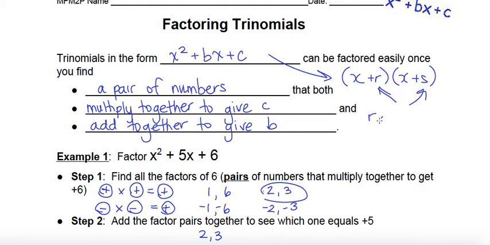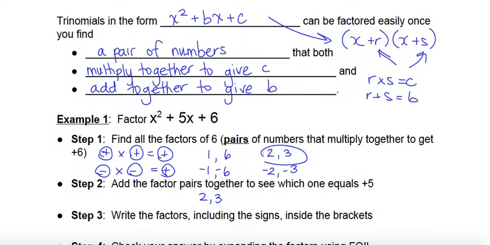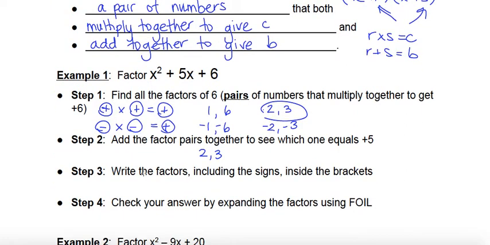So r times s gives us 6, and r plus s gives us b, for example. So my factors are now going to be x plus 2 in this case, and x plus 3 in that case. So now I can say that x squared plus 5x plus 6 is the same as x plus 2 times x plus 3. Well, how do I know this is right?